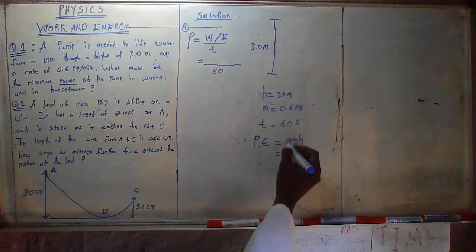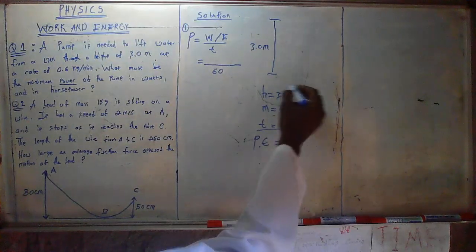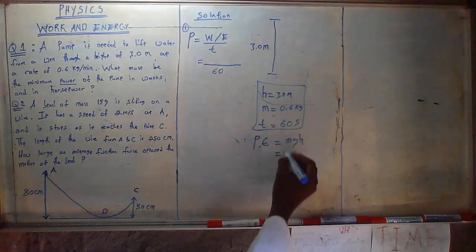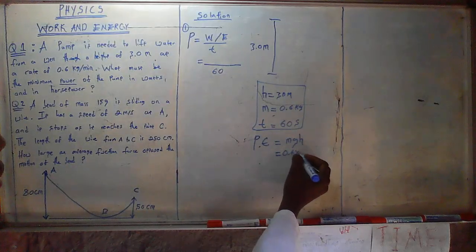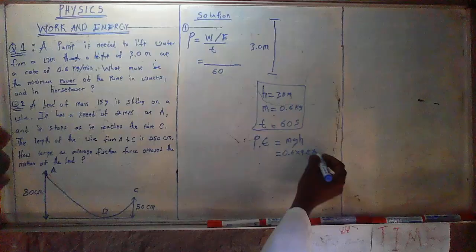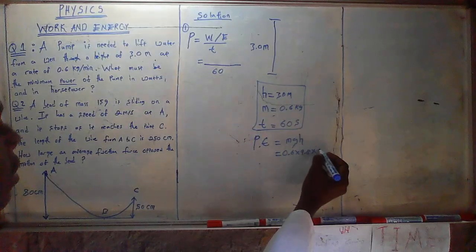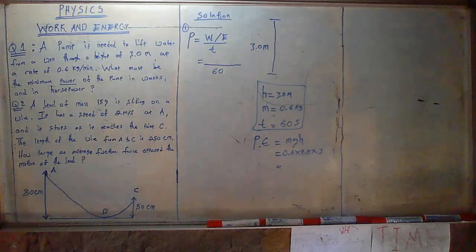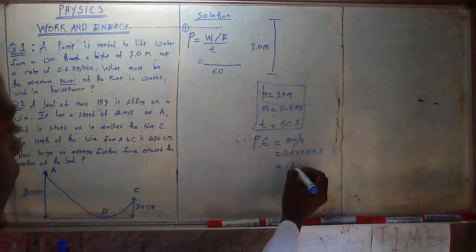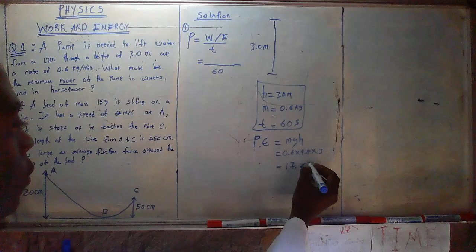What is the mass? 0.6. Gravity, 9.8. What is our height? Our height is 3. Therefore, punching gives 17.64.